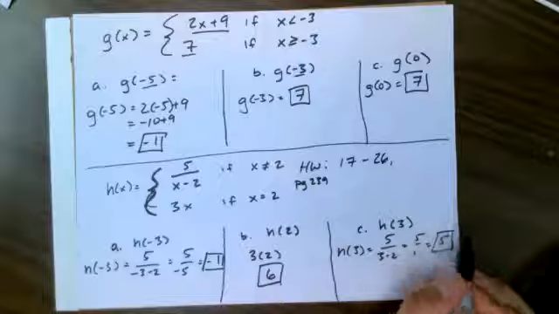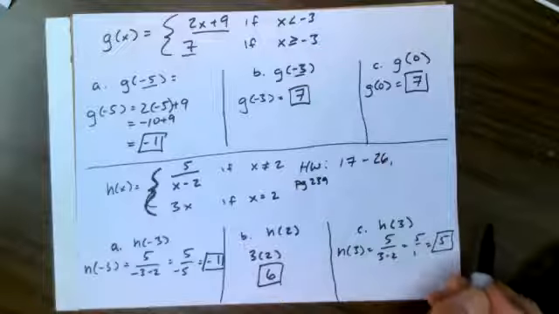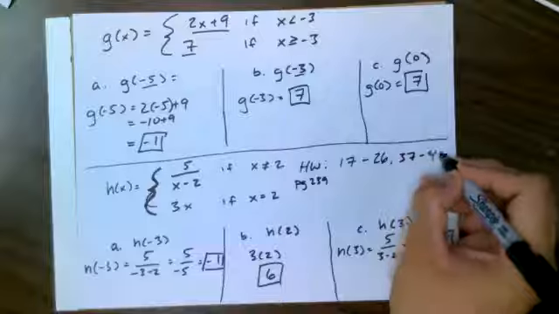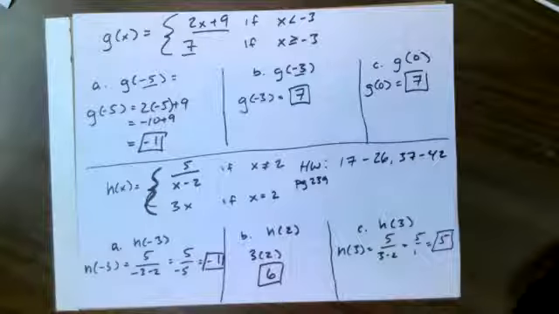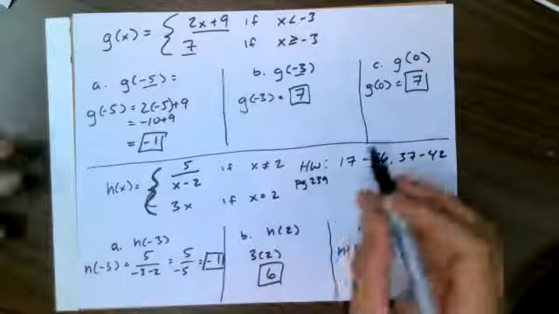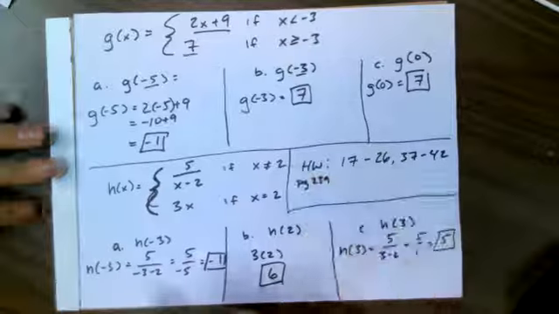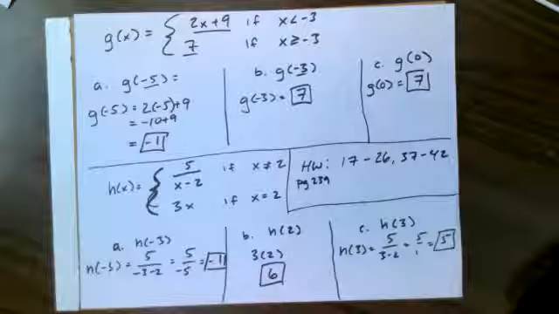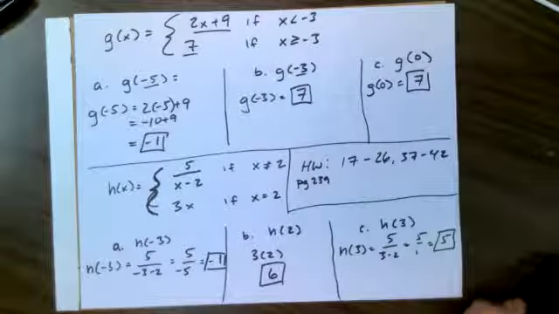And then 37 through 42. The 37 through 42 is how the piecewise questions will be asked on the test. Okay, so this is the rest of the homework for 2.2, right? The rest of the homework for 2.2. Okay. Questions.